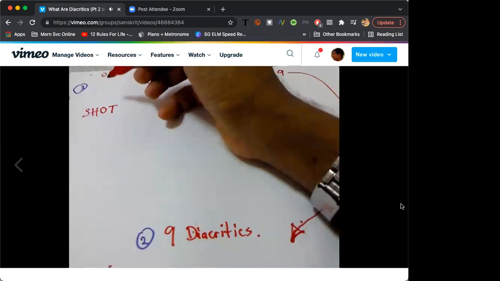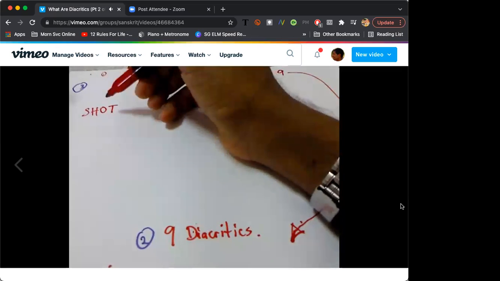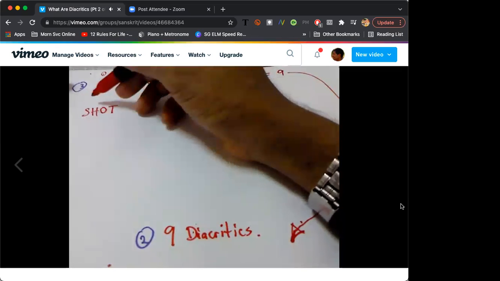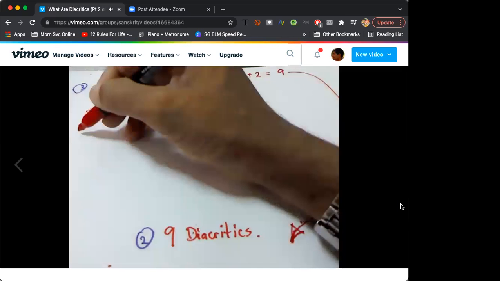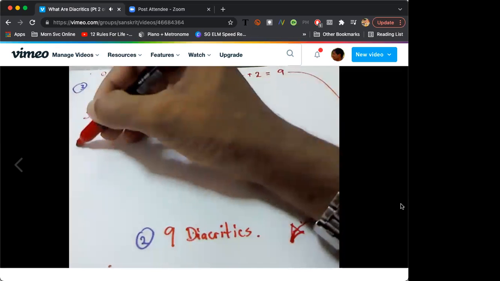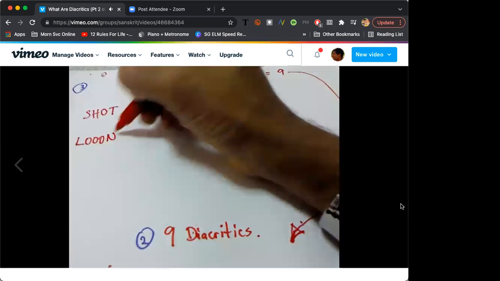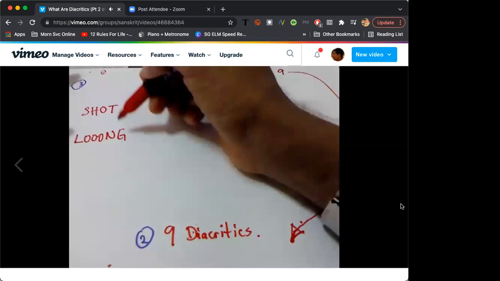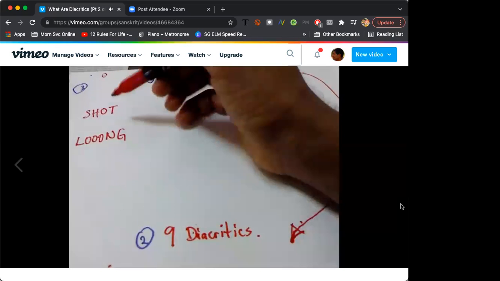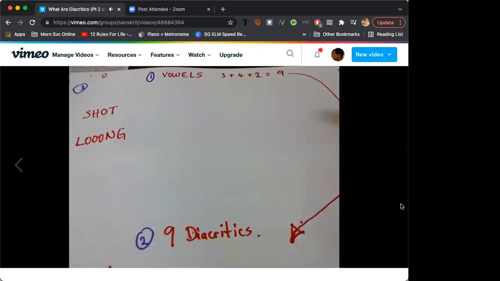Supposed to be S-H-O-R-T, but I purposely left it out and made it short, like gun shot, because I wanted to be connected with a short sound, not a long sound. And the lower row will be long. Example like the English word sit and seat, it and he, short and long. Okay, so there are 2 rows, upper row and lower row.